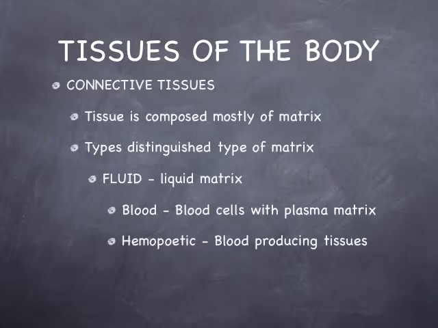Hemo, you might recognize that as being associated with blood. And poetic, poems are like things that people create, right? It's an artistic expression. So this is literally blood-creating tissues. So the red blood marrow tissues deep in your bones would also be included in this fluid type.